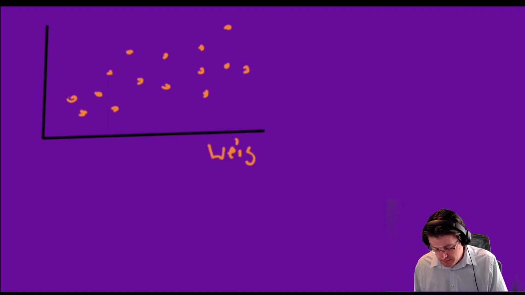when we plot data, we might show a positive relationship. Okay, let me just draw some kind of smattering of data. And maybe this is something like height versus weight. We'll put weight there, and we'll put height up here on the y-axis.